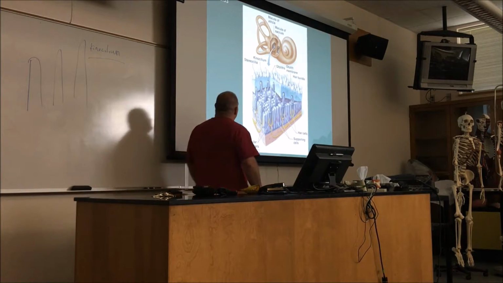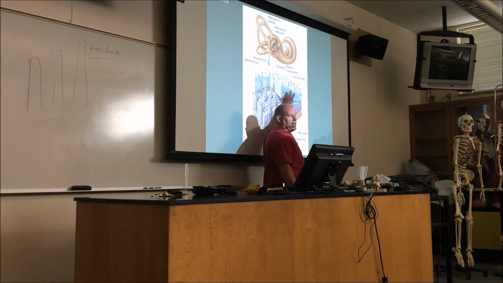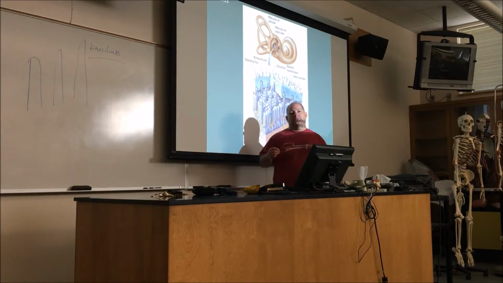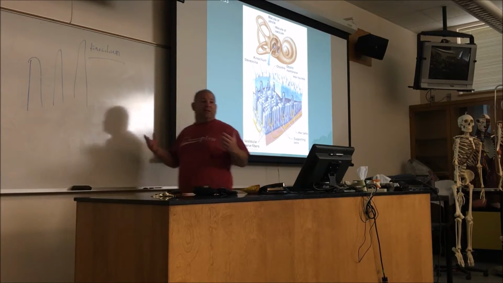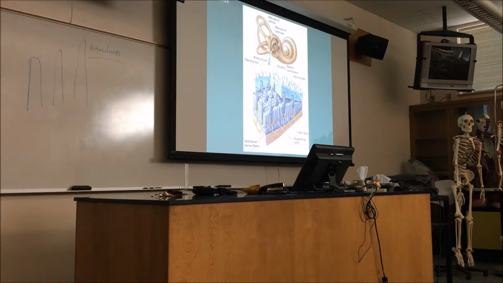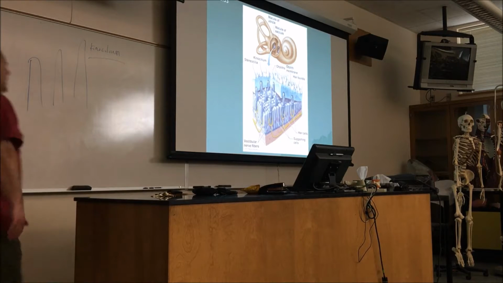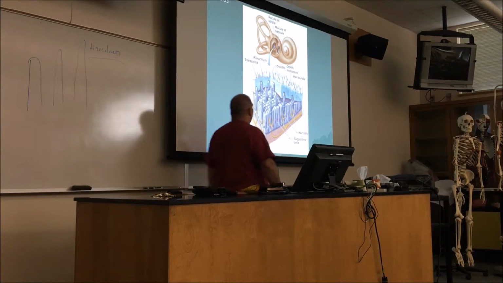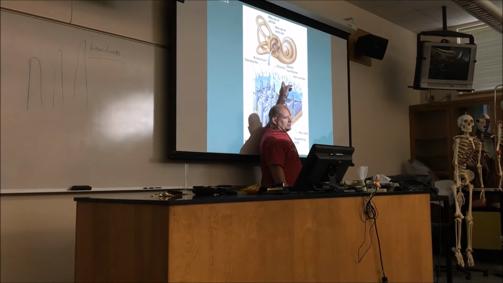Now, sitting on top of that, we have this kind of thick gelatinous material. This is referred to as an otolithic membrane. Again, things should look somewhat similar. We have a very similar structure in hearing, except it was called a tectorial membrane. Now, sitting on top of the otolithic membrane, we have otoliths.